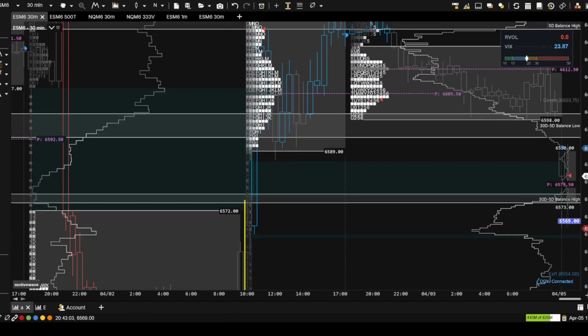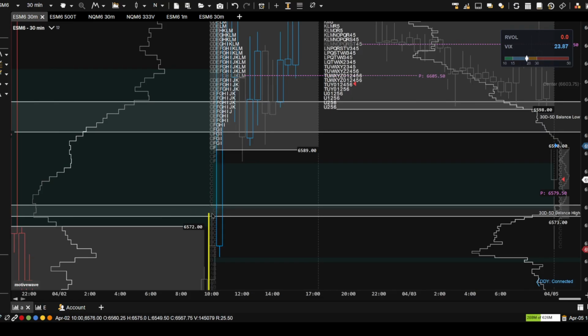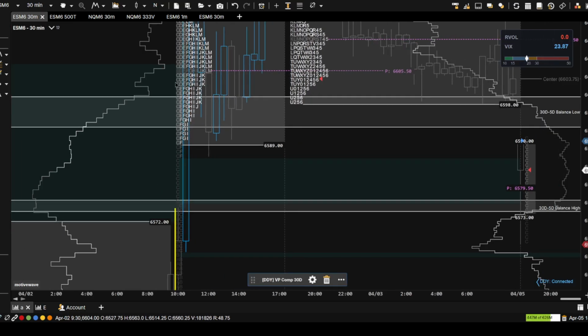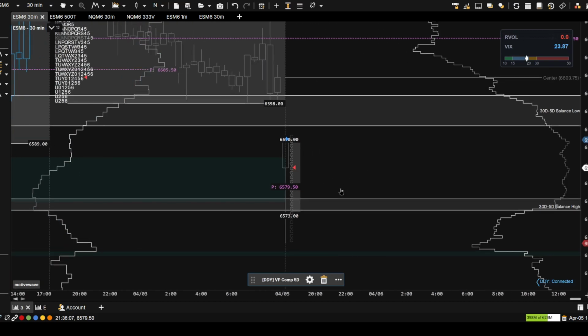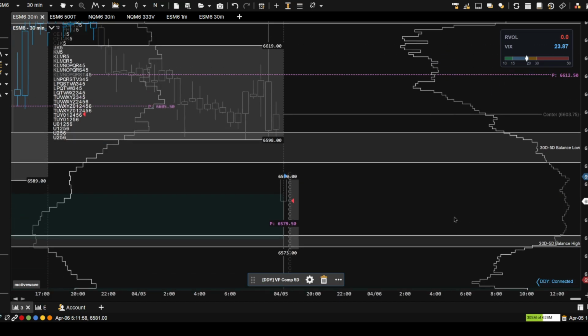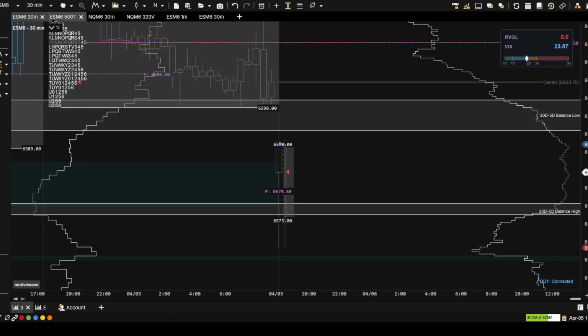We saw a single print filled right here. See this? And the balance high 13 days and 5 days right here, 17.7, and we saw a huge rejection there.